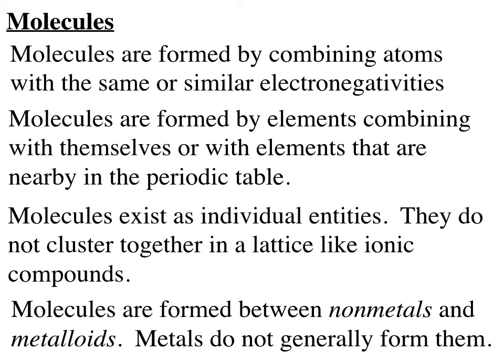So neither element can force the other element to become an ion. So there's a completely different mechanism by which atoms using this type of bonding are capable of connecting to one another.